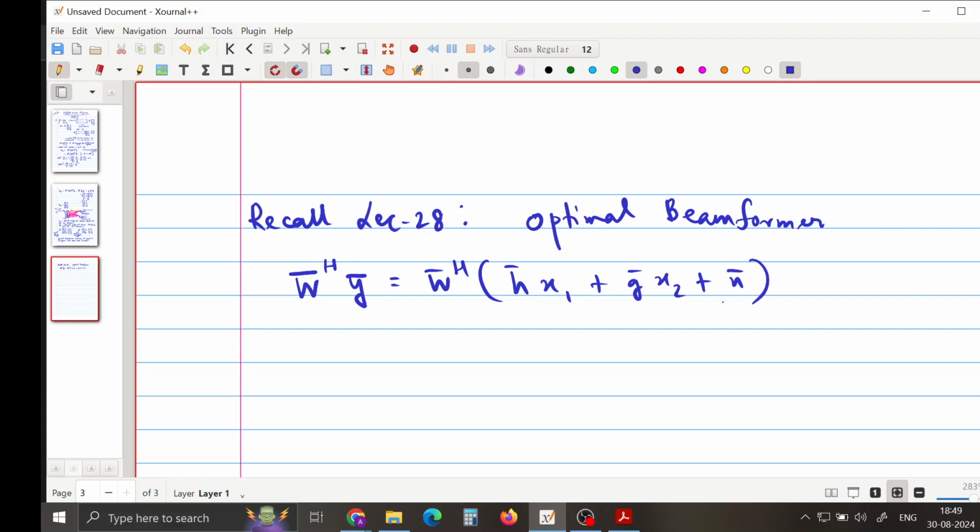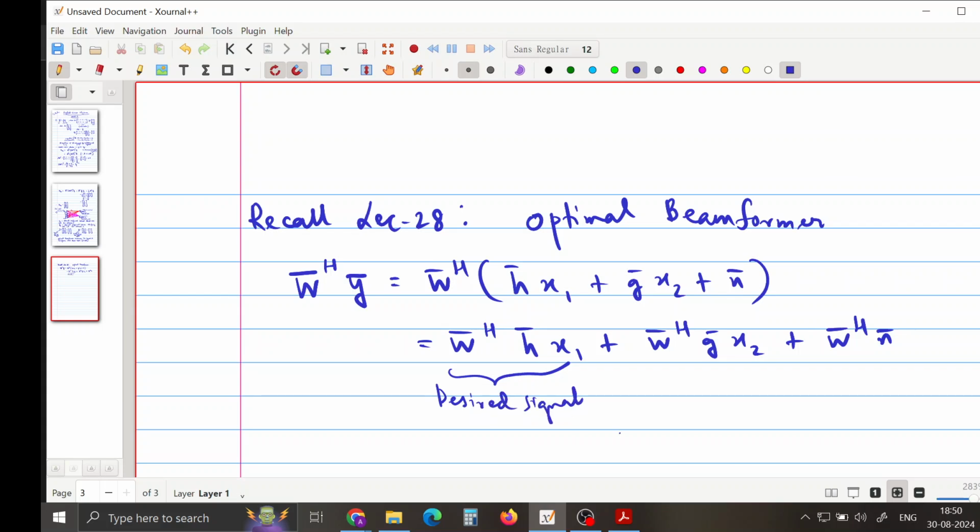If you split this, it had three components. I am just splitting this summation. This first part is the desired signal component. This is my interferer part, which is clearly visible, right?